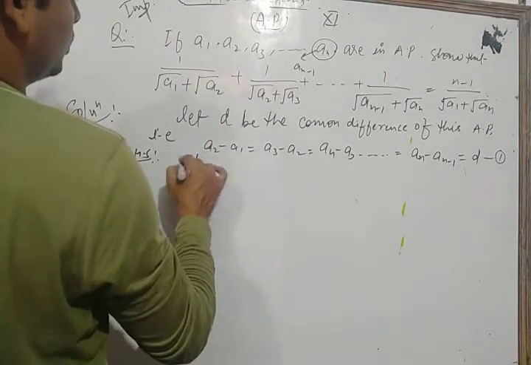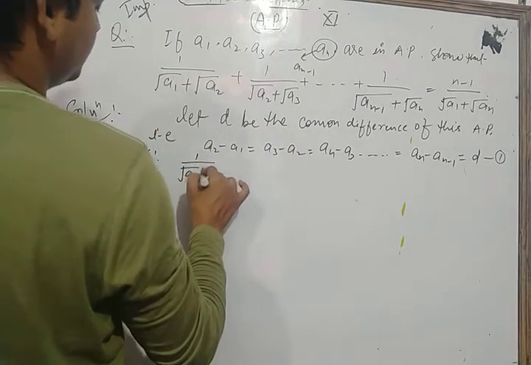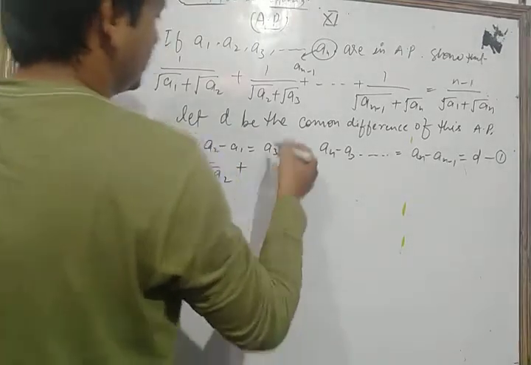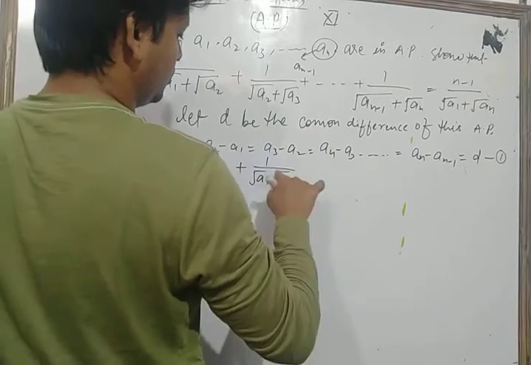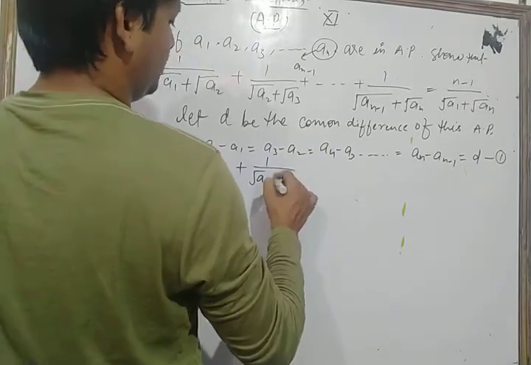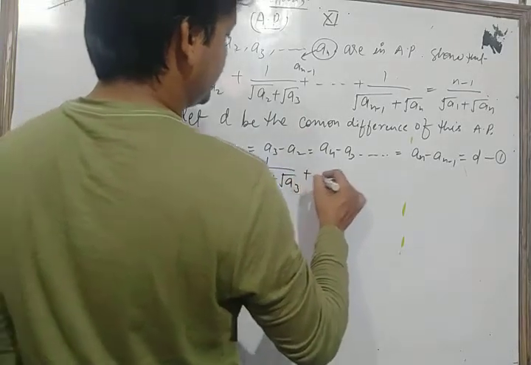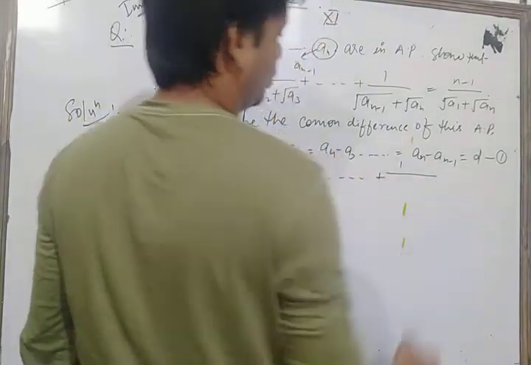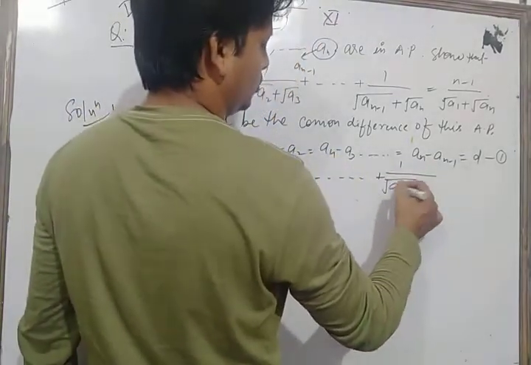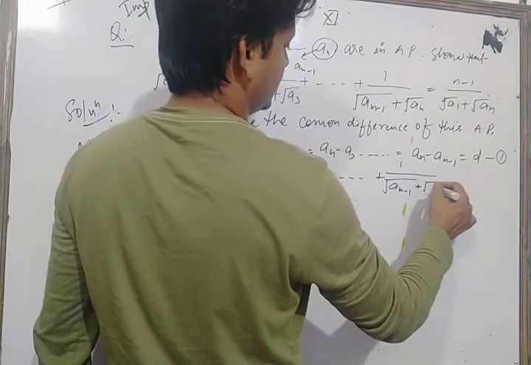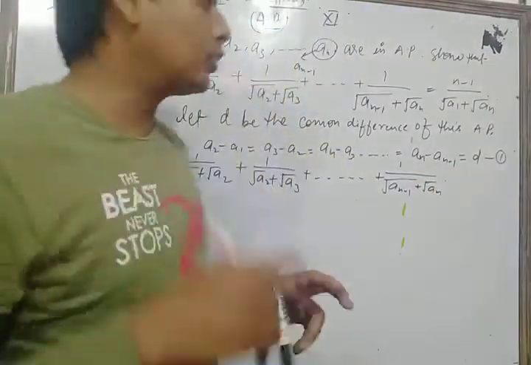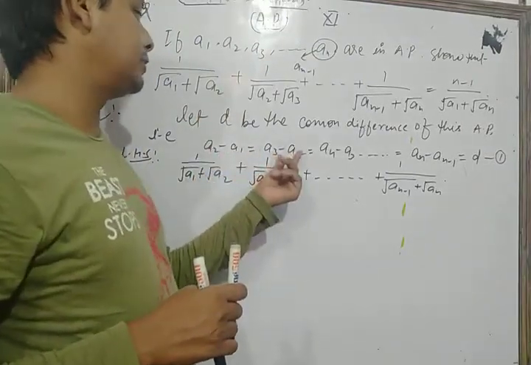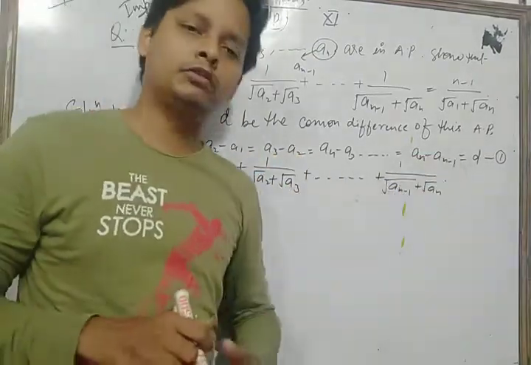Your LHS is 1 upon under root a1 plus under root a2, plus 1 upon under root a2 plus under root a3, and so on, plus 1 upon under root an minus 1 plus under root an. Dear students, we know that the values of a2 minus a1 and a3 minus a2 and so on, an minus an minus 1, are equal to D.